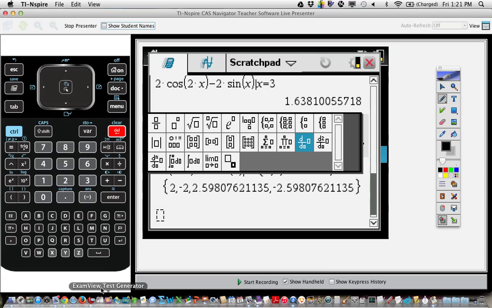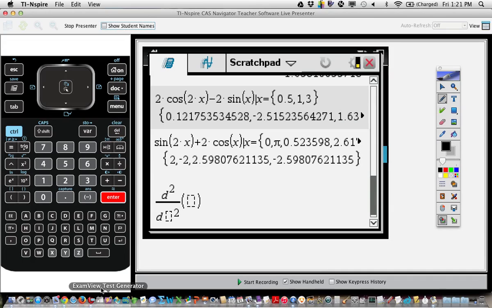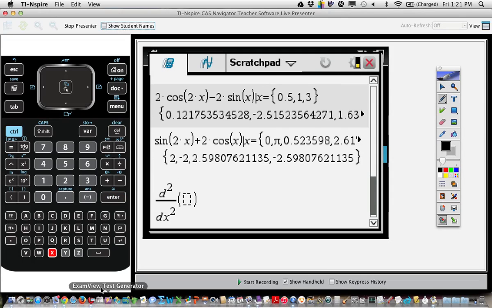We can do the derivative of f prime, or this one here, the one that's got the little 2 on it, we can do the second derivative of the original, just for fun, because we haven't done that yet. Let's do that. So arrow over to this one. Grab it. See the little 2's there? That just means second derivative. Put an X down there. Arrow up there. Arrow into the box.